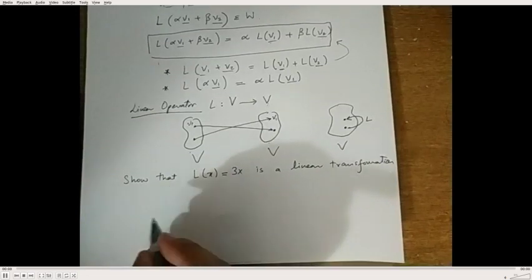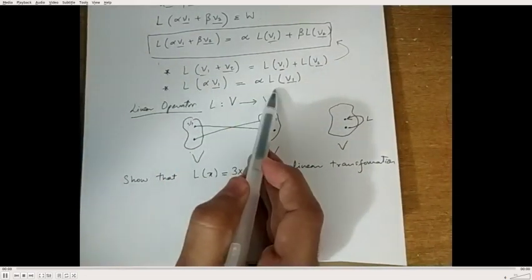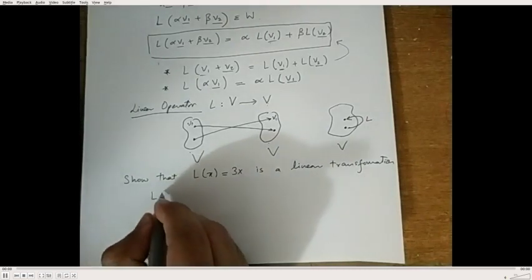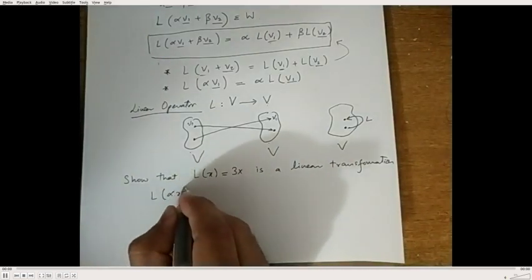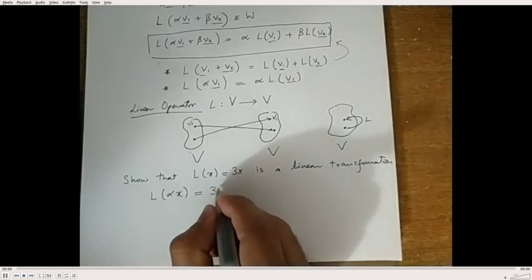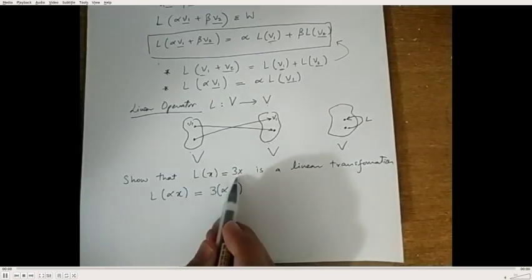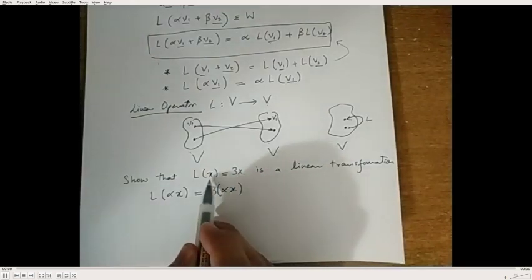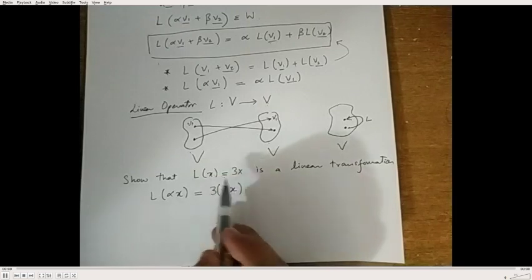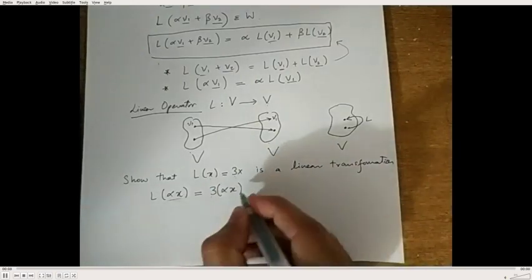The first thing that I need to show is that a scalar multiplication stays a scalar multiplication. So if I say L of alpha x, then that's simply 3 times alpha x. I'm just using the linear transformation rule that if you have any vector, you multiply it by 3.